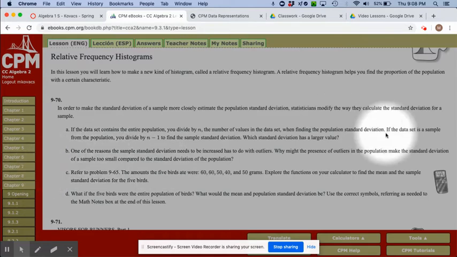One of the reasons the sample standard deviation needs to be increased has to do with outliers. This is part B. Why might the presence of outliers in the population make the standard deviation of a sample too small compared to the standard deviation of the population? All right, if you just take a sample, you might not get all of the outliers that you would in the whole population. So the standard deviation of the whole population, if you account for the outliers, has a really large distance from the mean.